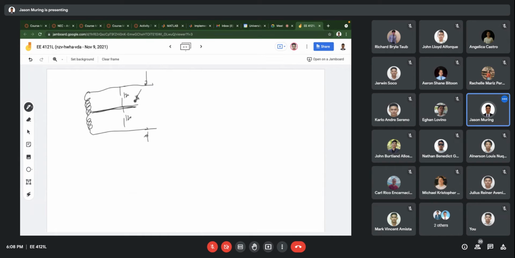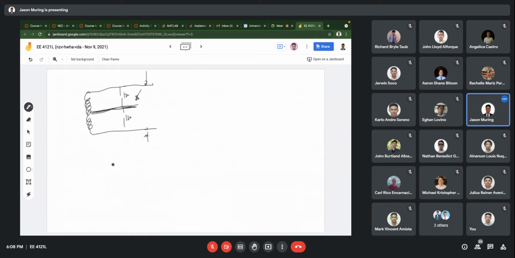If they have a 120 load, they connect it from line 1 to neutral, or other loads from line 2 to neutral. They will always try to balance out their loads so that the neutral takes a very small amount of current. That's why there's a demand factor for this one.